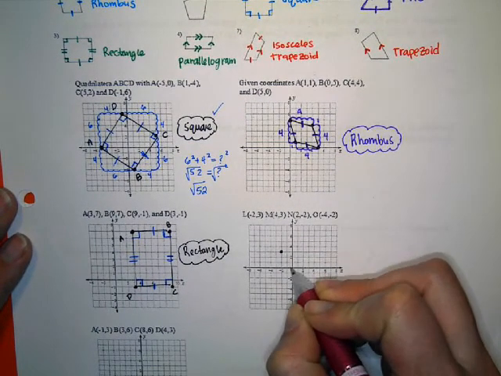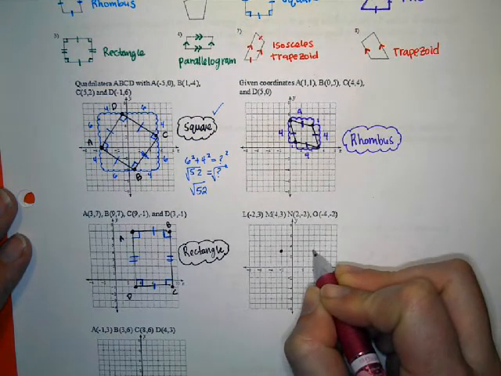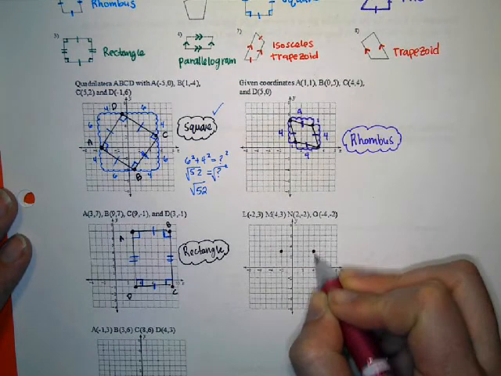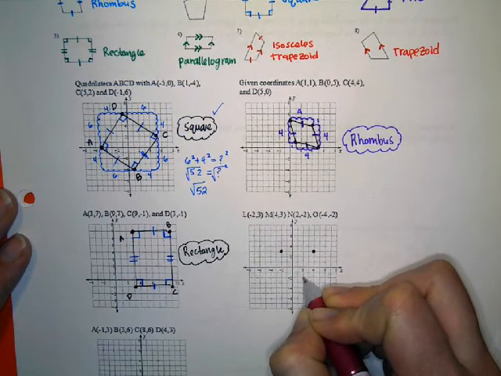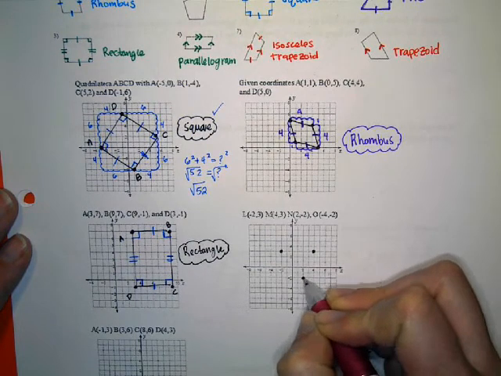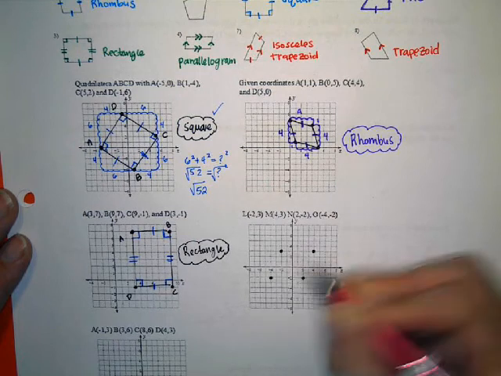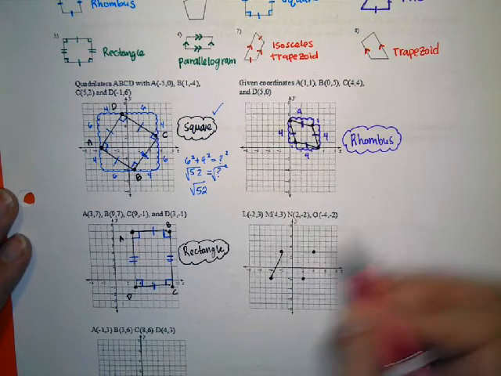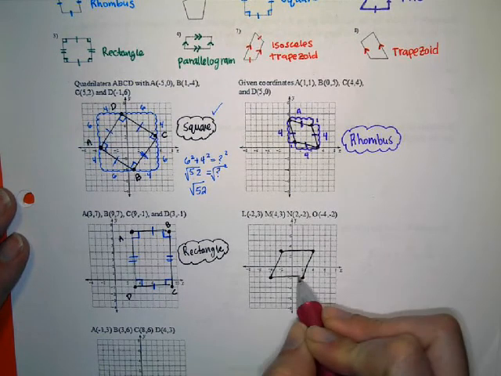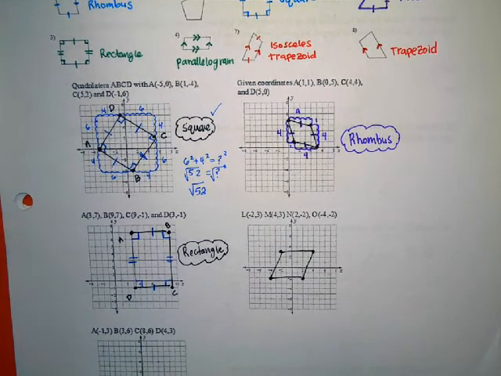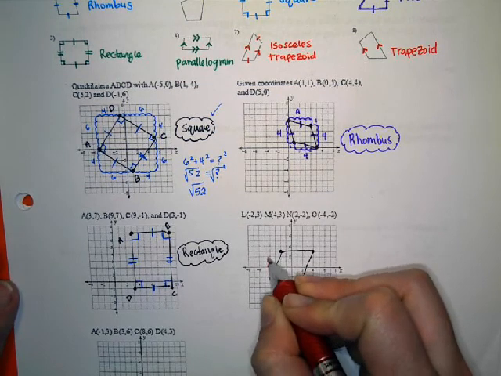Alright, let's just do the last two. -2 up 3. 4 up 3. +2 down 2. -4 down 2. Okay.